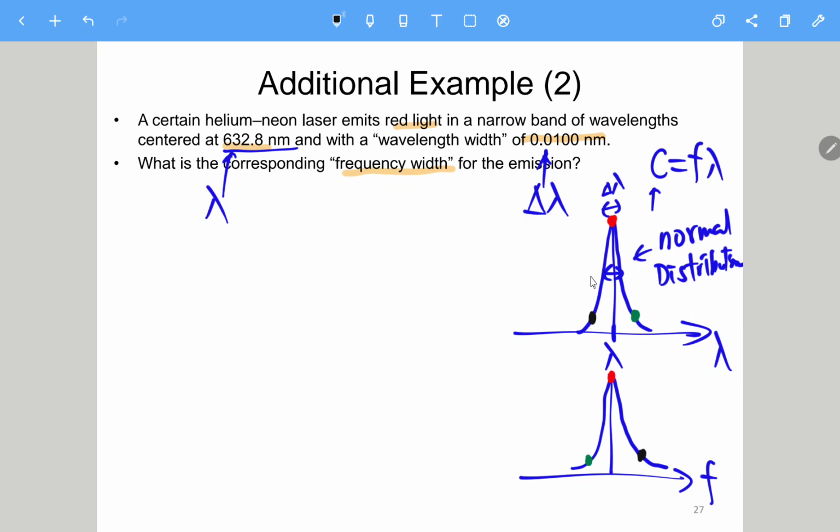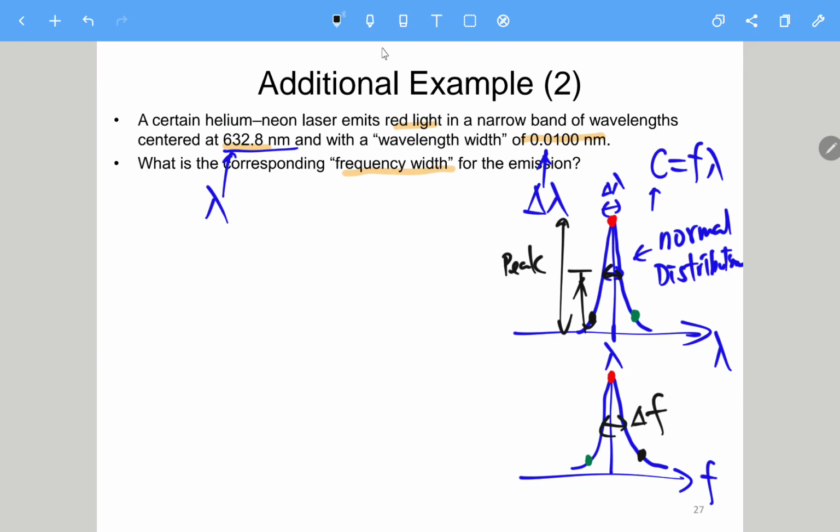Of course, it extends infinitely far, but we find the peak, take half of the peak, and see how wide it is. That is the delta lambda. Similarly, this is the peak, and this will be the delta f.